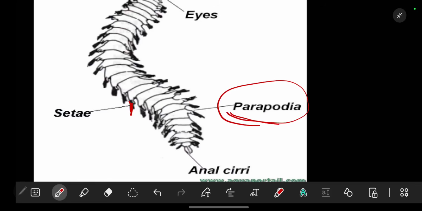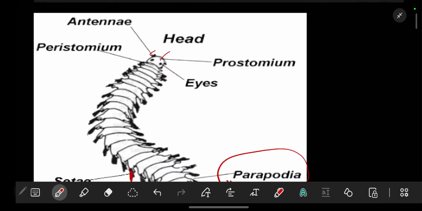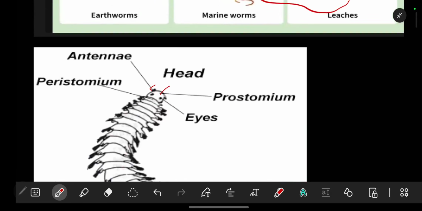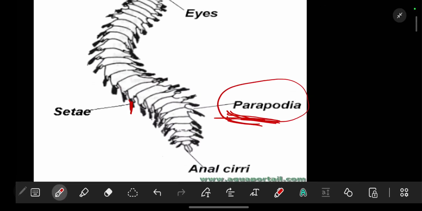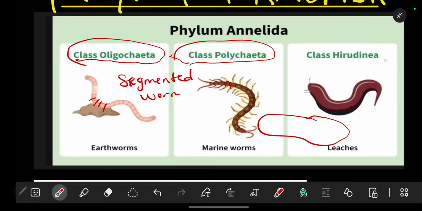So by definition, we can say they have numerous bristles called parapodia. As you have seen from the name, marine worms, they are mostly marine. They are found mostly in water. So this is the class Polychaeta.